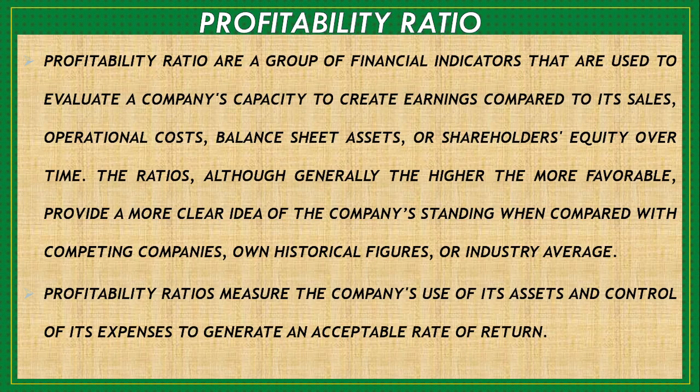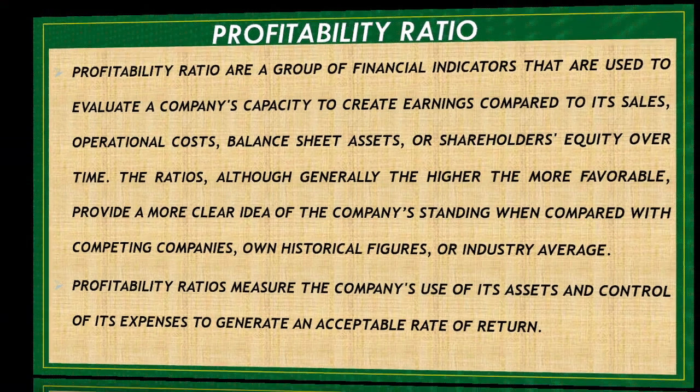The ratios, although generally the higher the more favorable, provide a clearer idea of the company's standing when compared with competing companies' own historical figures or the industry average. Profitability ratios measure the company's use of its assets and control of its expenses to generate an acceptable rate of return.